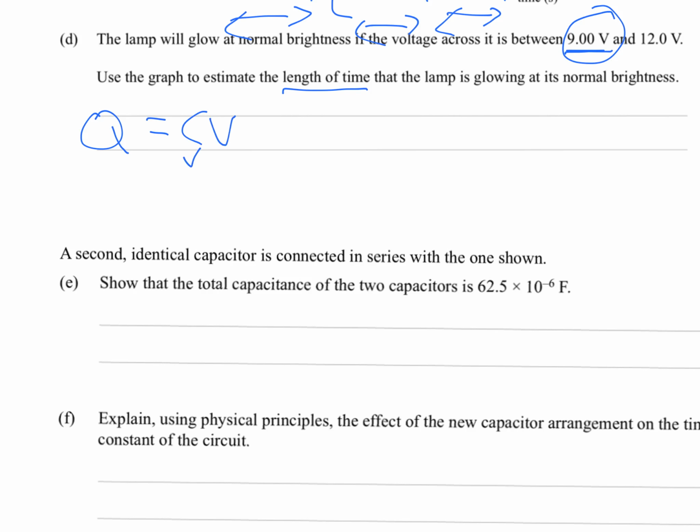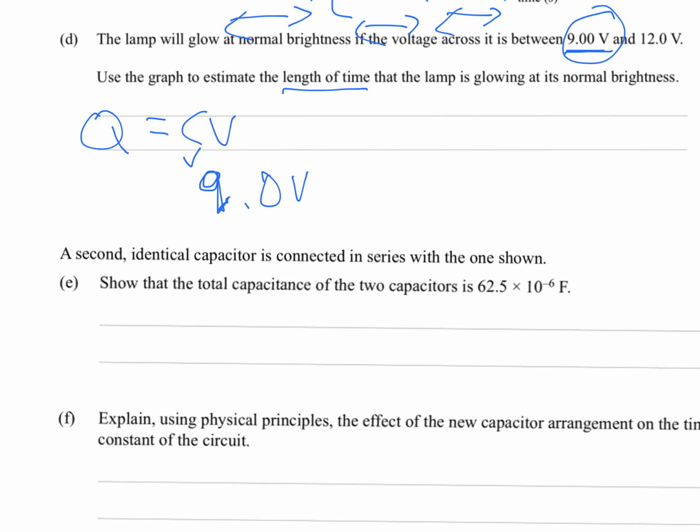We know our capacitance, that's given to us earlier. Our voltage is going to be 9.0 volts, because that's going to give us that lower point, and when it drops below there, we need to read the time off our graph.